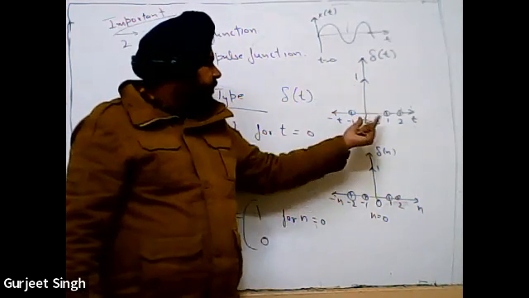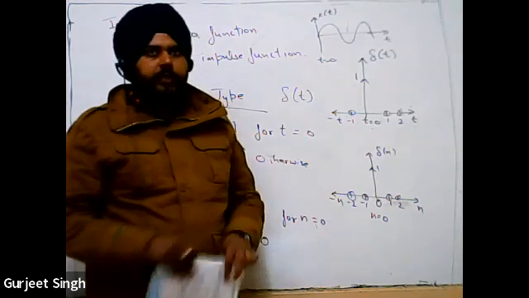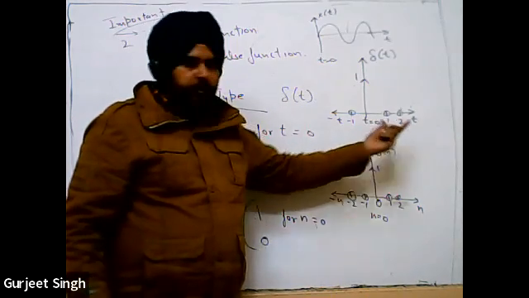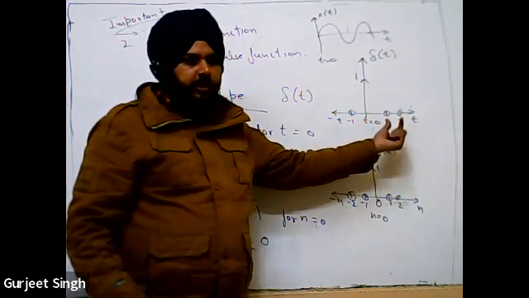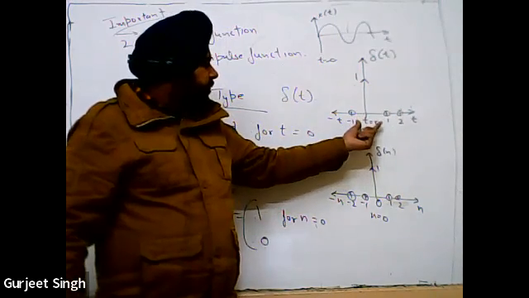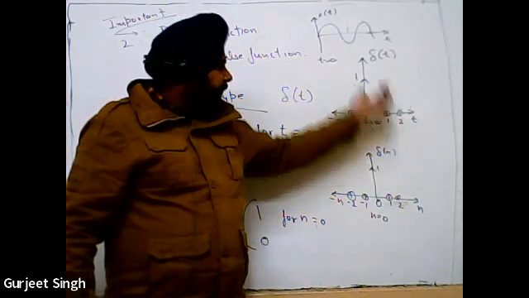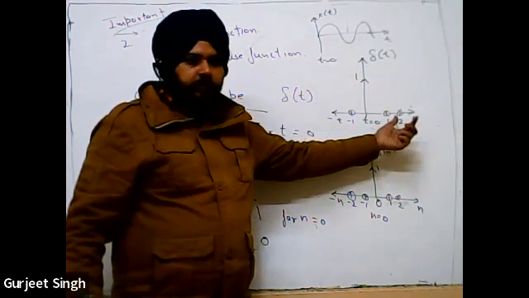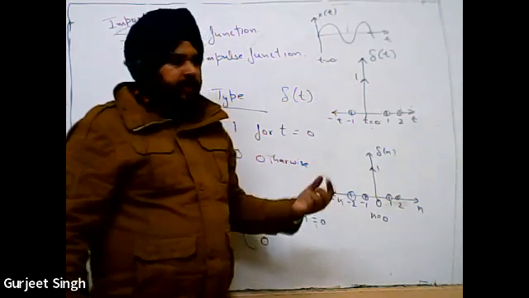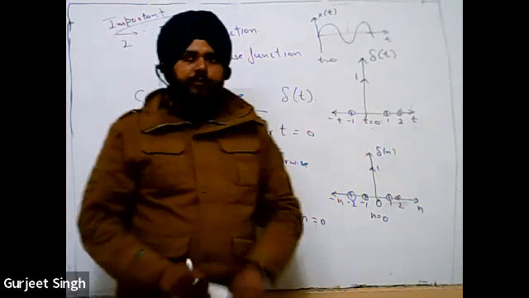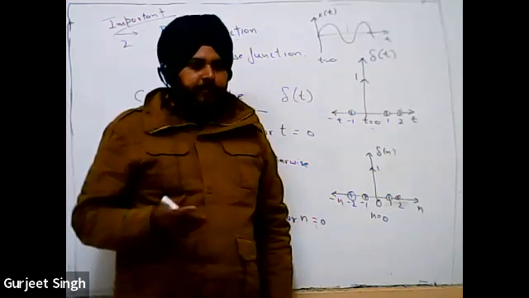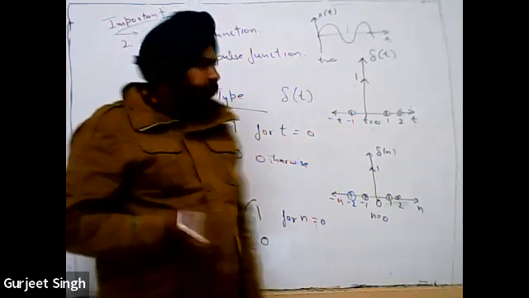Suppose I want to find out the value at t equal to 2. So I will shift this signal 2 steps toward the right. Then it has the value 1 at t equal to 2. Then we will multiply this signal with this, and we will find out the value of x(t) at time equal to 2 seconds.